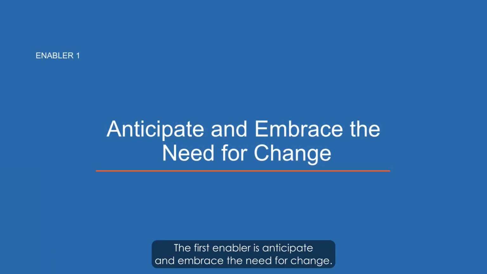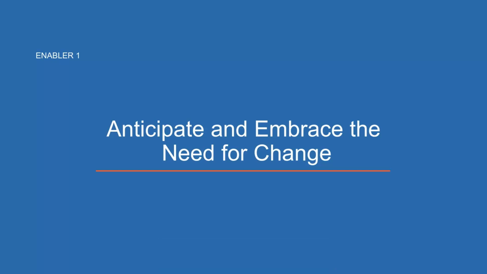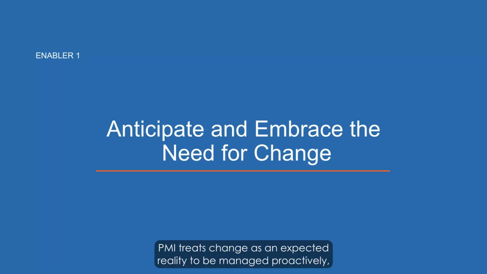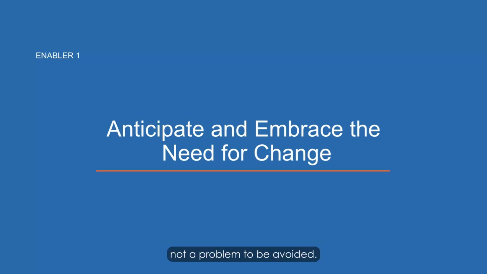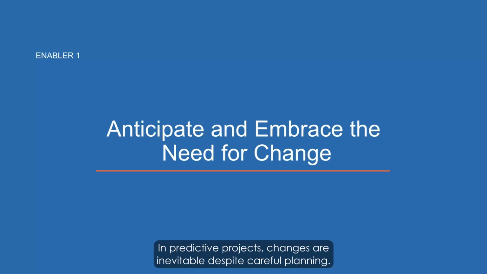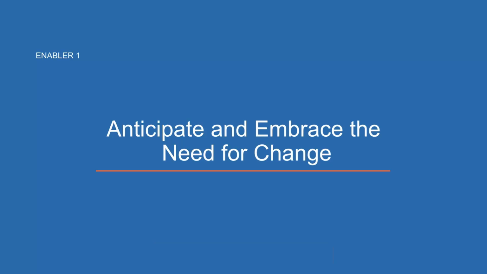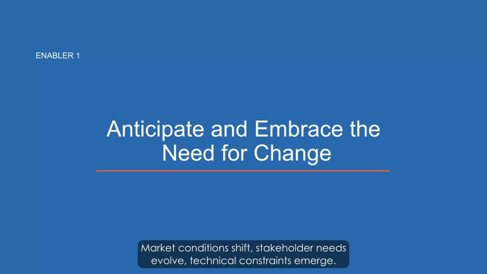The first enabler is anticipate and embrace the need for change. PMI treats change as an expected reality to be managed proactively, not a problem to be avoided. In predictive projects, changes are inevitable despite careful planning. Market conditions shift, stakeholder needs evolve, technical constraints emerge.